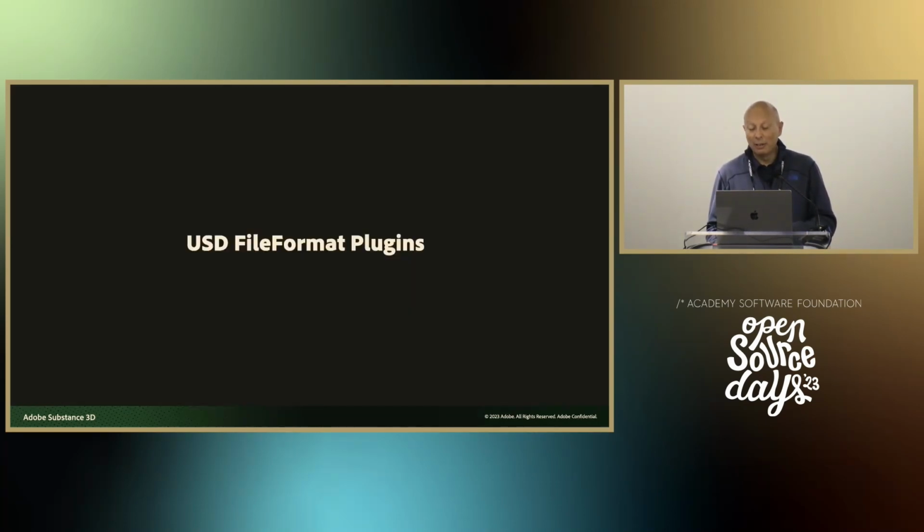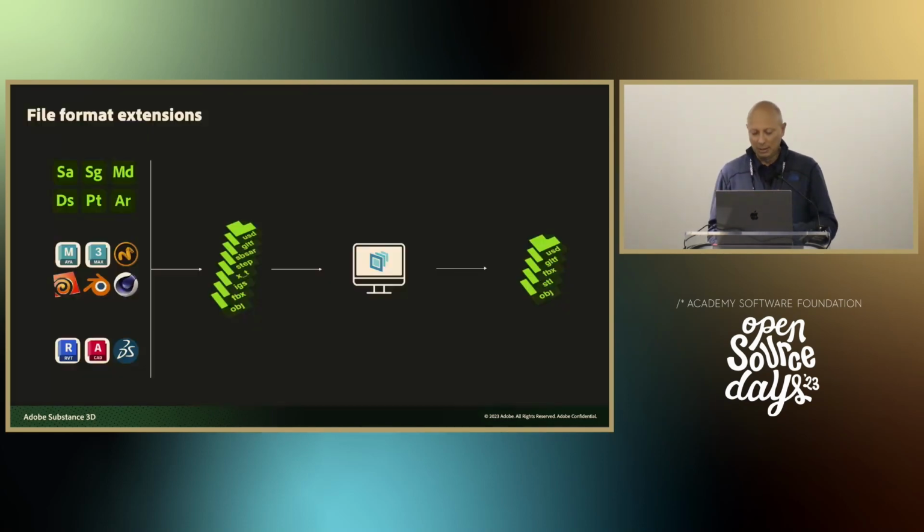So let's talk about the file format plugins. We've been working for a number of months on these. Some of them are actually already shipping in some of the products, especially in Modular: when you save an OBJ or some other formats, internally the USD representation is made, and then the plugin does the rest of the work. Basically, the idea is to have a number of plugins on the boundary.